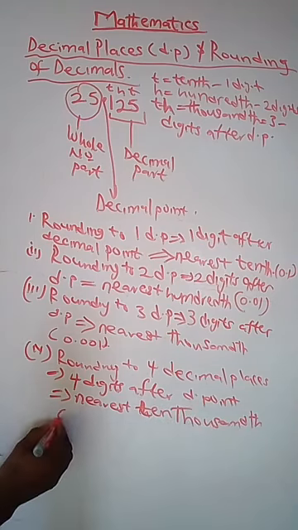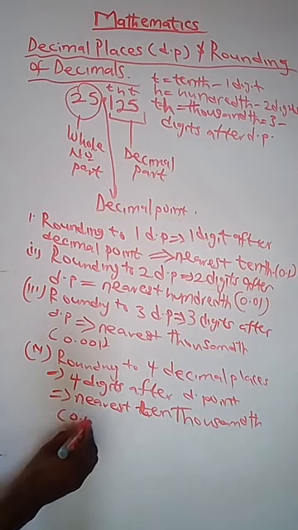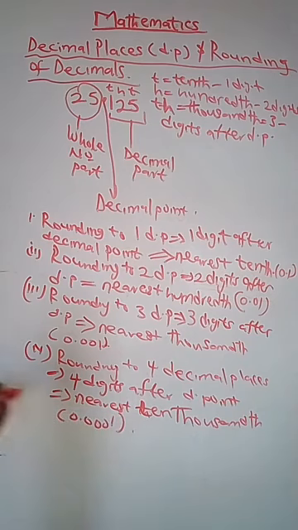Alright, which is 0.0001. Please take note of this. It is very important when we are working on decimal places and rounding of decimals in mathematics.